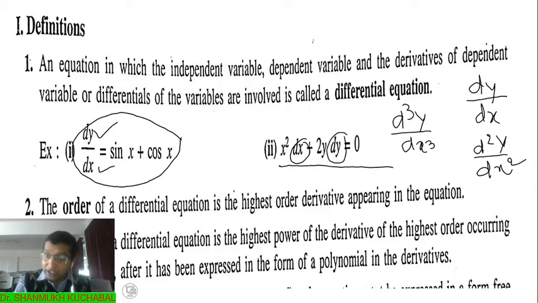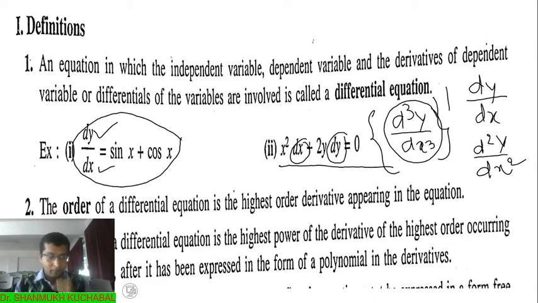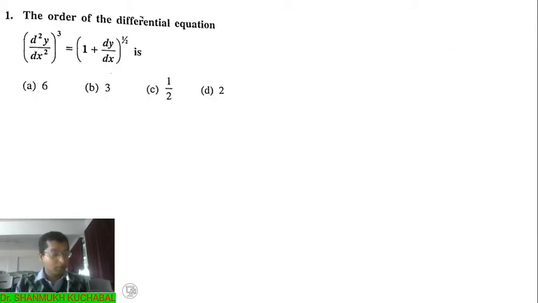Here it is a third order, suppose, and whatever its power is; if nothing is mentioned, we can take it as raised to 1, then we call the degree 1. That highest order's power is nothing but the degree of the differential equation. So now directly we begin with the examples.